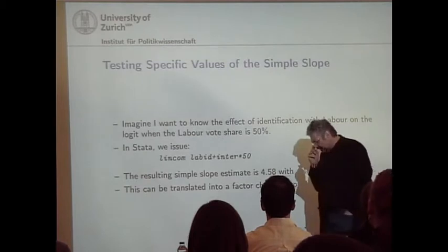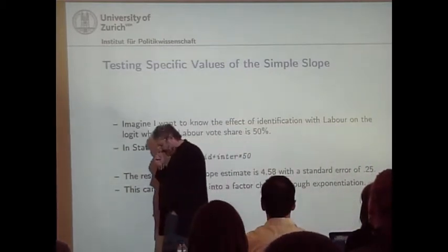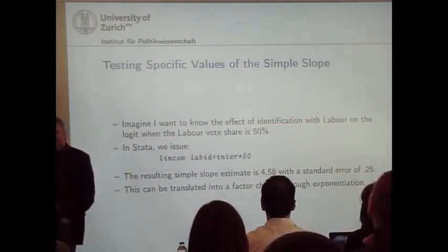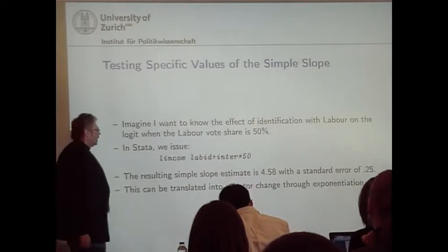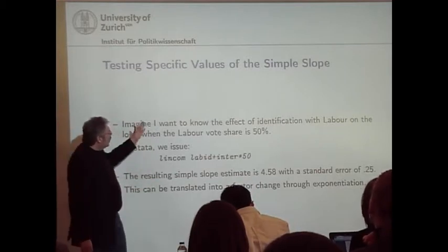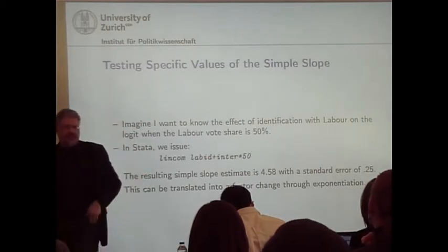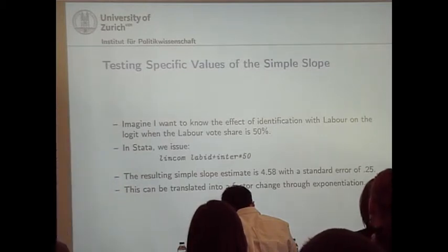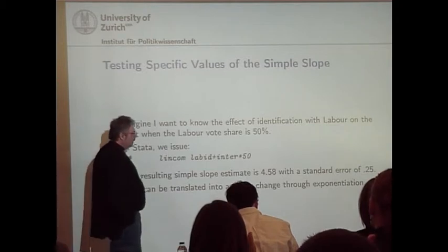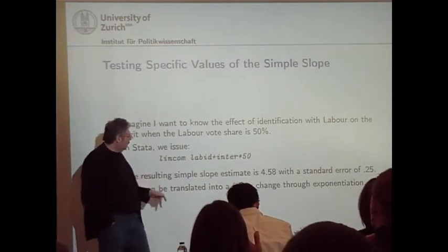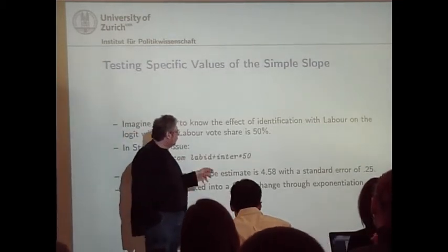So now we want to actually deal with this interaction effect. What we're going to do is use again this lincom command that I discussed briefly yesterday to answer a question. Imagine I want to know the effect of identification with Labor on the logit when the Labor vote share is 50% in the district. You can do that by typing lincom lab ID.